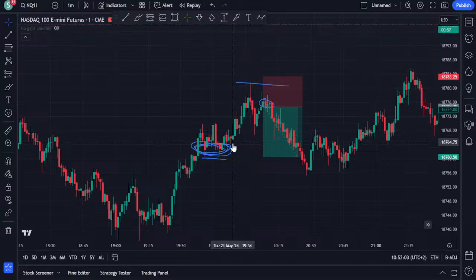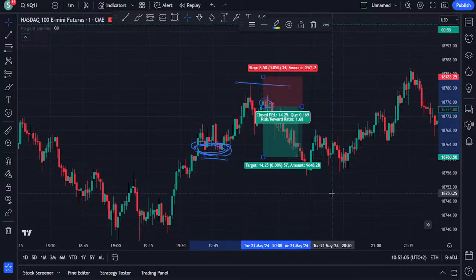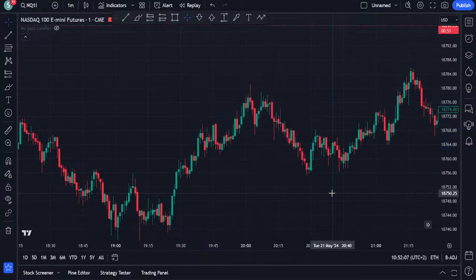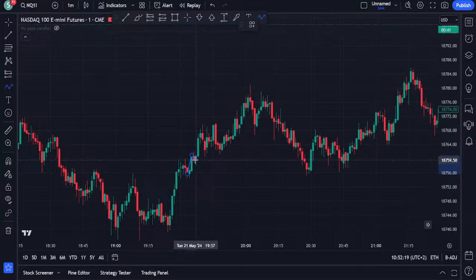Before that, we have the moves of the actual candles, the closes, right? So let's outline this. So the close, let's go here. Here you go up, down, go here, here.